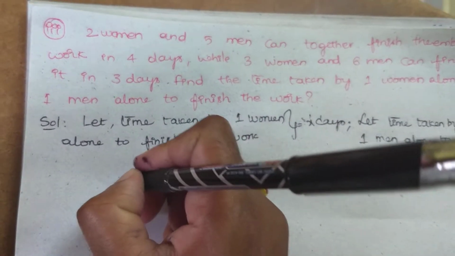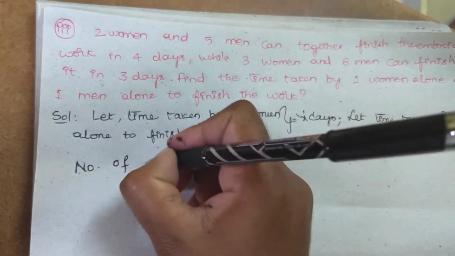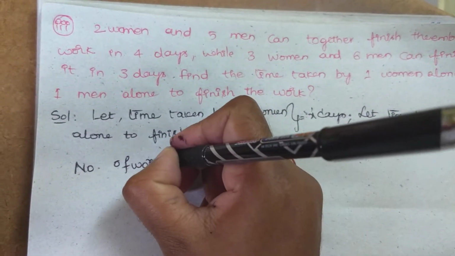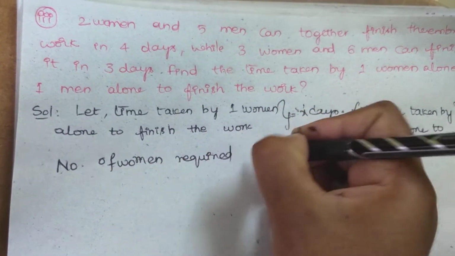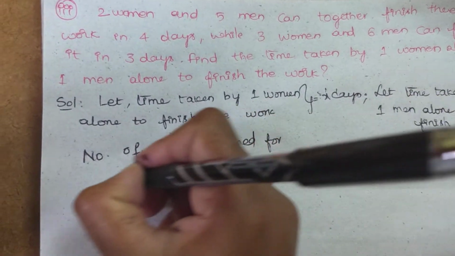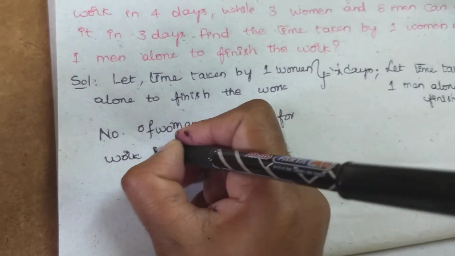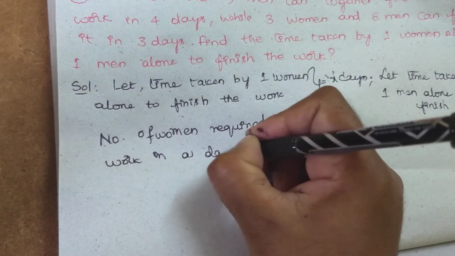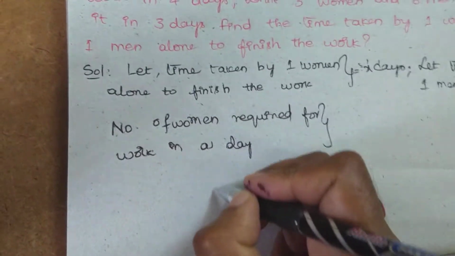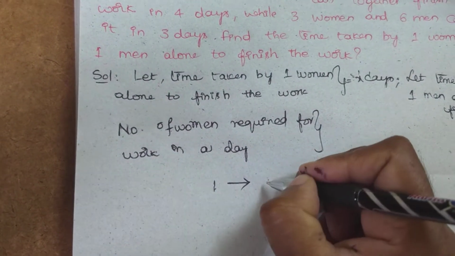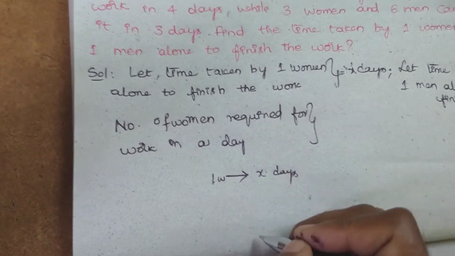Then for 1 day, how many women are required for the work in a day? See, for 1 woman, X days to complete the work.